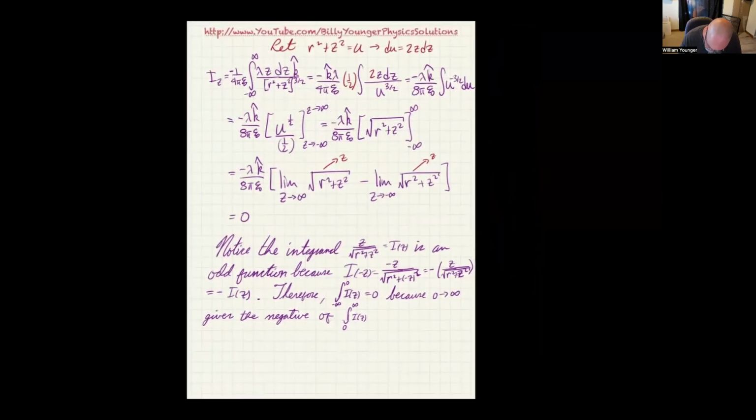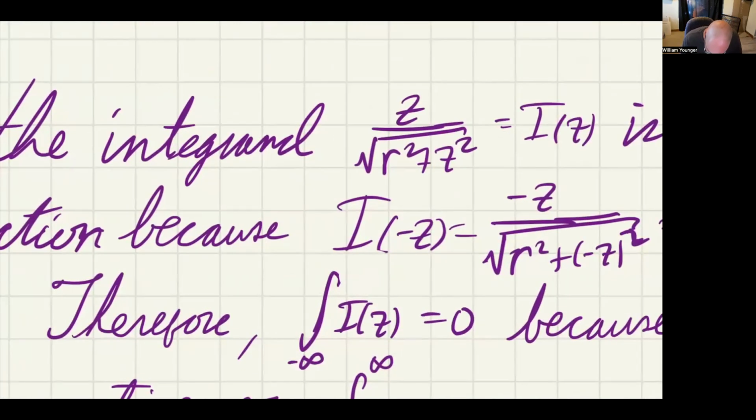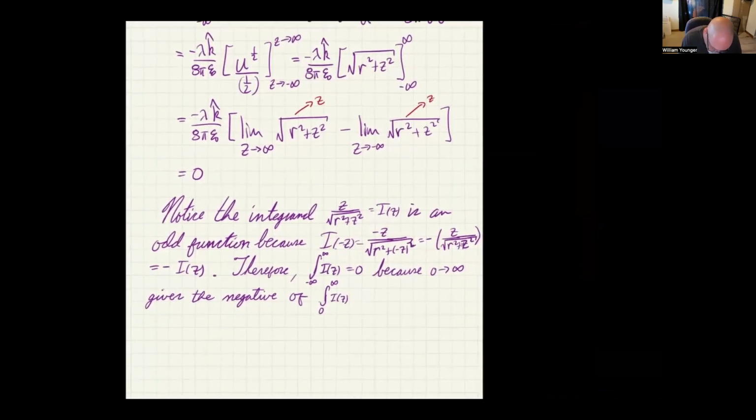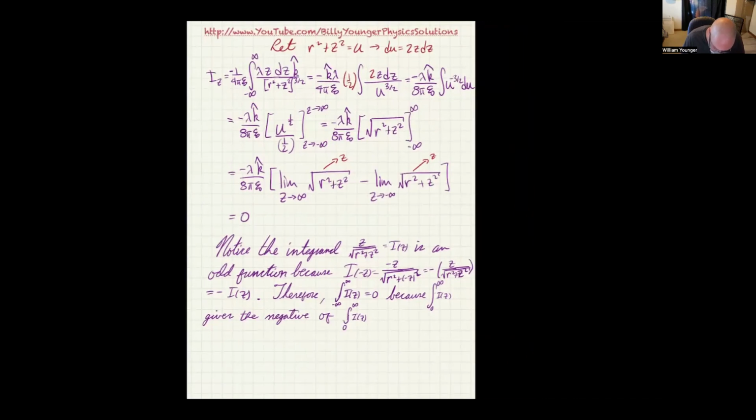Because the integral from 0 to infinity of I of z gives the negative of the integral from negative infinity to 0 of I of z, so that's another way of doing it.